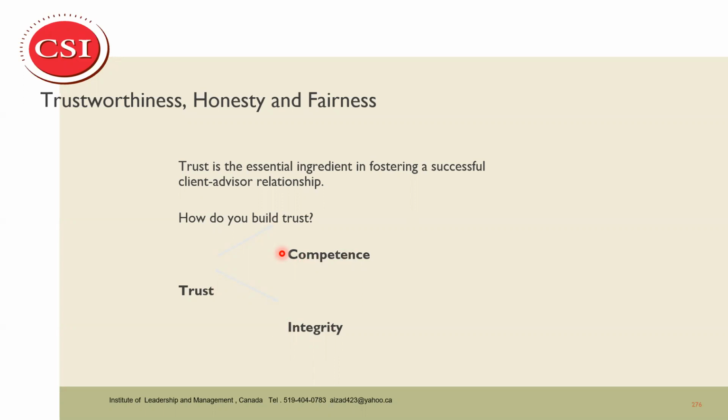So your competency is important to develop trust. Number two is integrity, of course. You do what you say, and you are fair in making them understand your information. Integrity and competency will create trust with the clients.